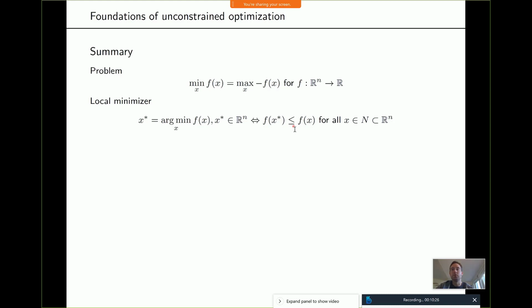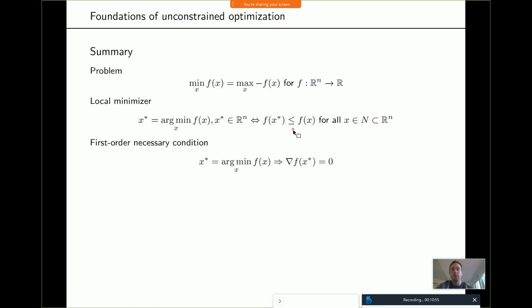But you're never sure whether you really found the global minimum. So these mathematically strict definitions of different minimizers are interesting from a theoretical perspective. From a practical perspective, these algorithms don't necessarily check whether it's a strict local minimizer, a local minimizer or a global minimizer.